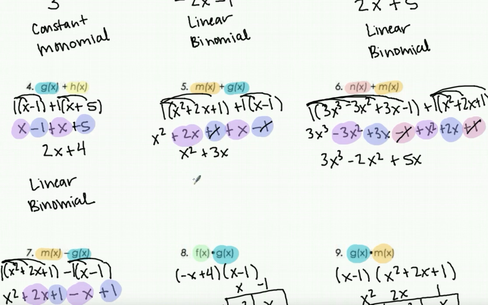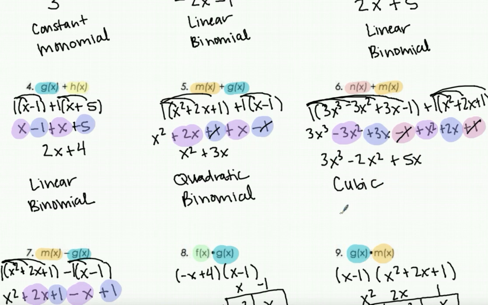Number 4, my highest exponent is 2, which makes it a quadratic. Two terms, which makes it a binomial. Number 6, my highest exponent is a 3, which makes it a cubic.